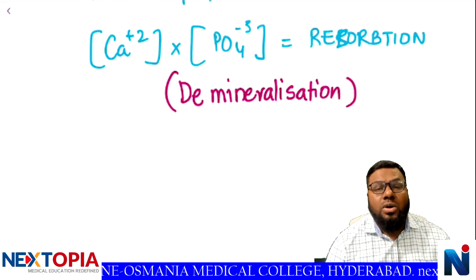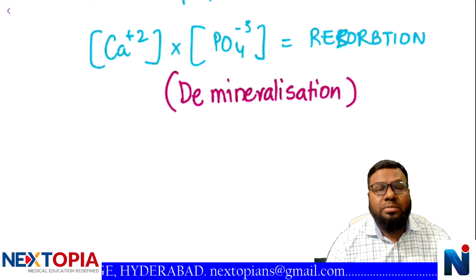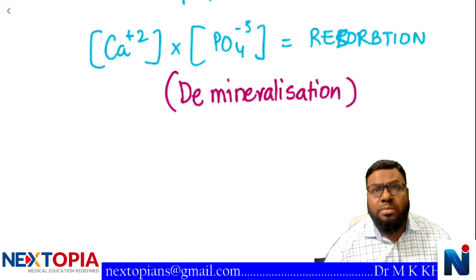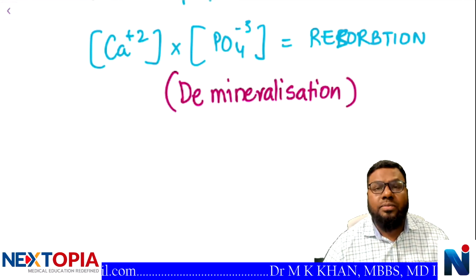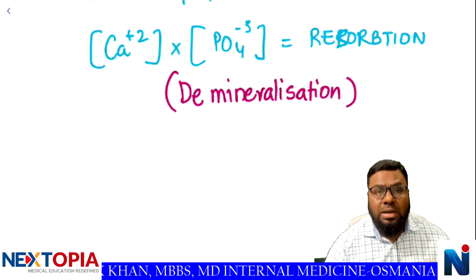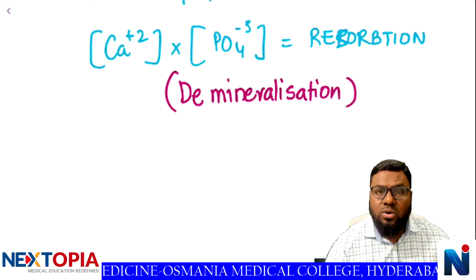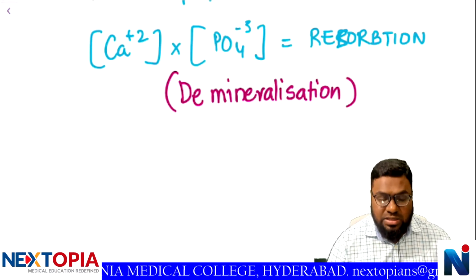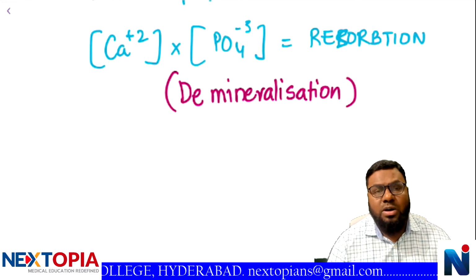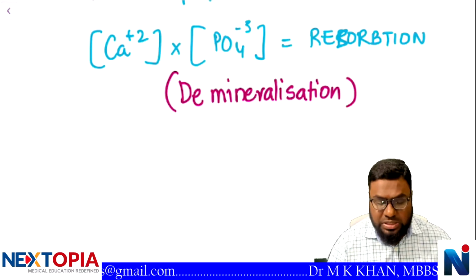All right. So what happens is, suppose for example, plasma phosphate levels are low in the blood, and calcium levels are low. This promotes demineralization, exactly opposite to bone deposition. If plasma phosphate levels are high, it promotes mineralization, exactly opposite.